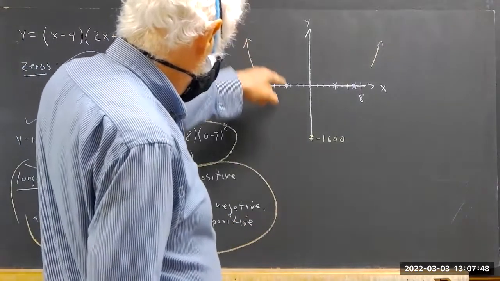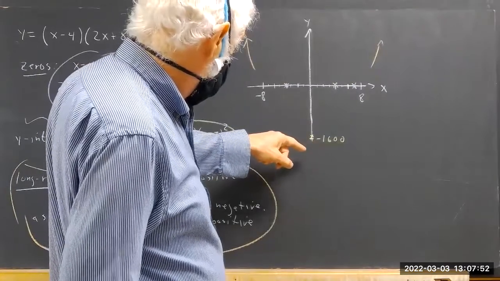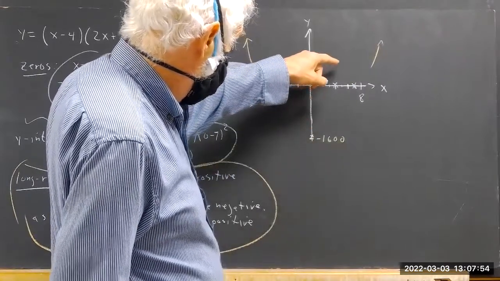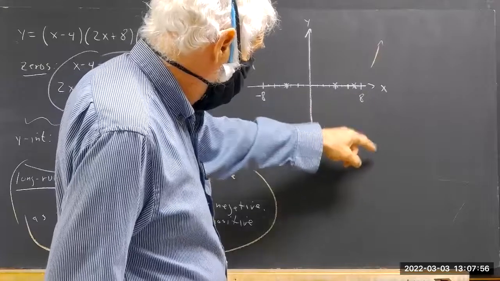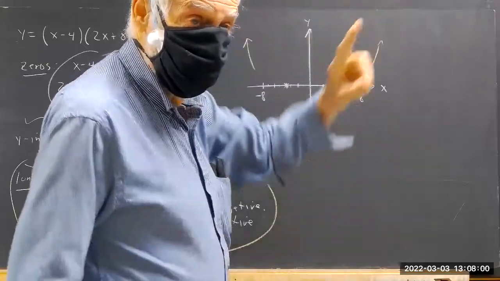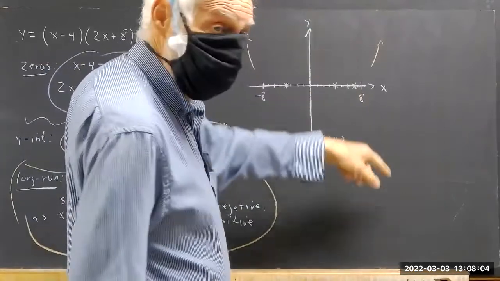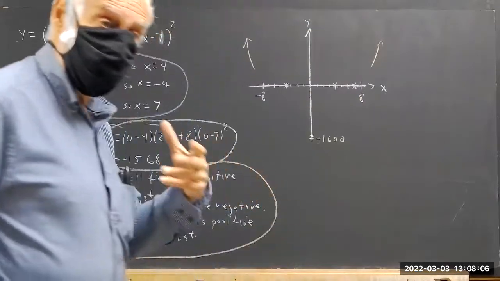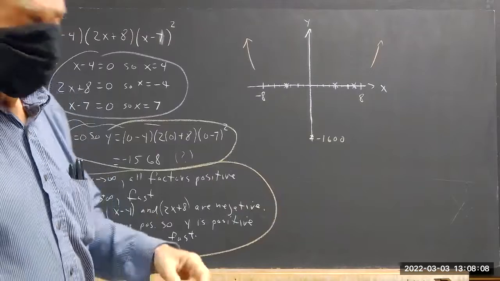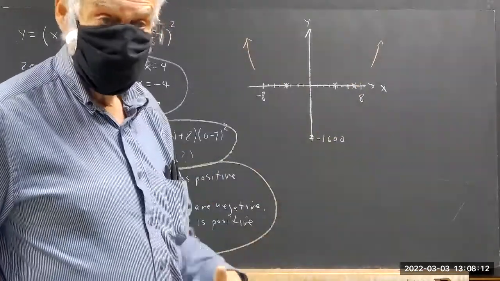I've got to come down through here and through this point, and up through here and down through this point, but that's not going to take me back up, is it? So it means that something is amiss with the idea that I should go through all these points. Well, I don't have to go through all the points. I can hit a zero by just like a parabola does its vertex, right?